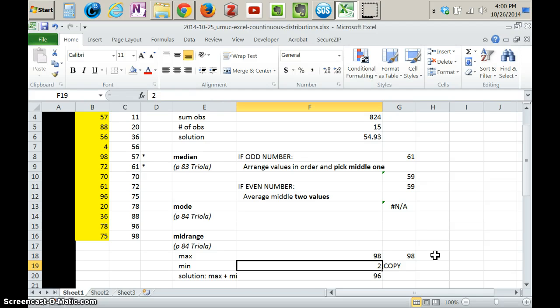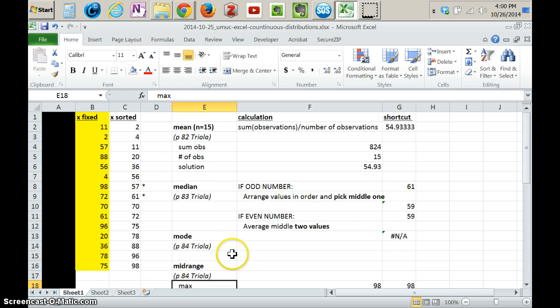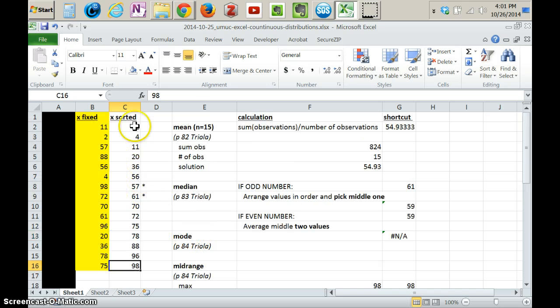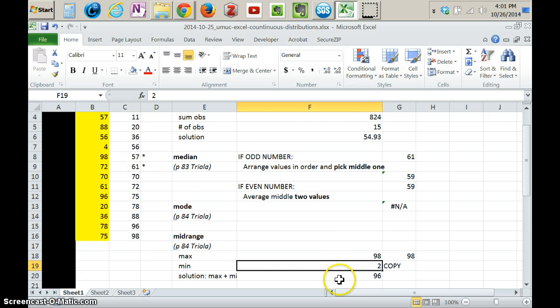Right, so don't follow my cursor for the moment. Let's write out the facts that we know from this distribution, and this is where sorting it helps again. The maximum is 98, and the minimum is 2, and the solution is just F18 over F19.